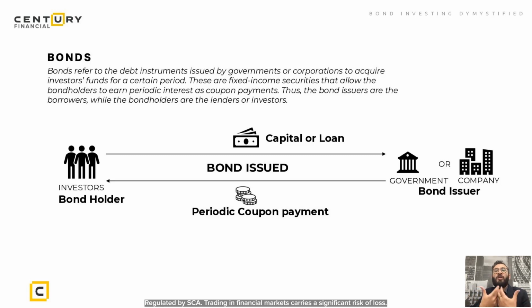So when you give a loan to the US government, you receive interest, which is called the coupon in terms of a bond. Currently, the long term interest rate in US government bonds is around 4.5 to 5%.